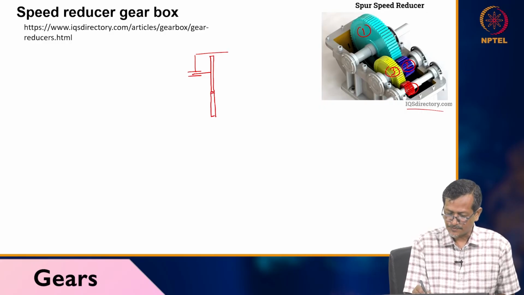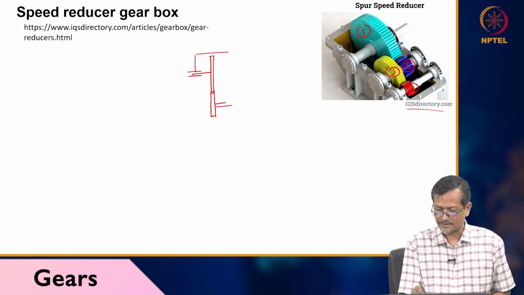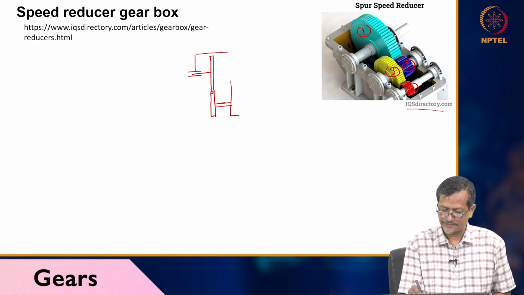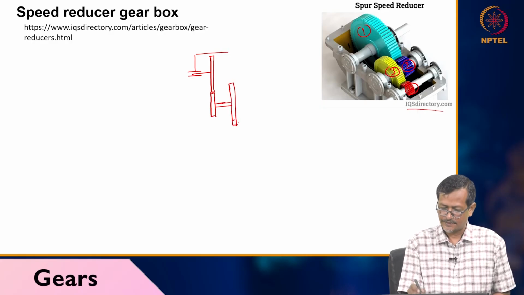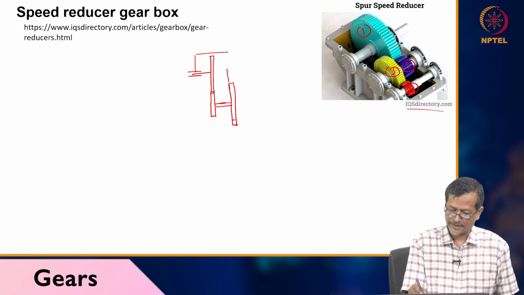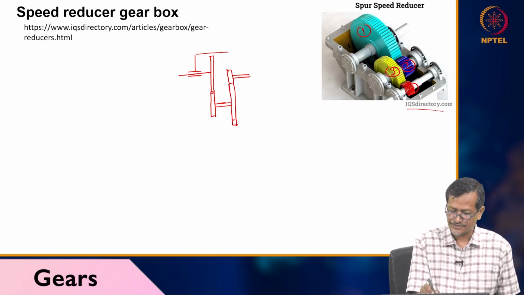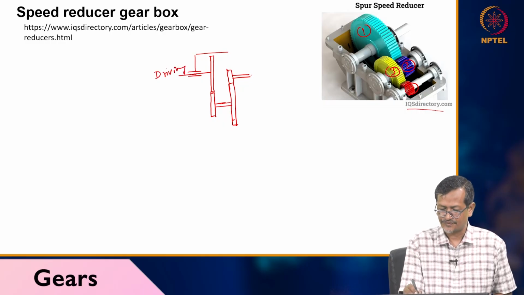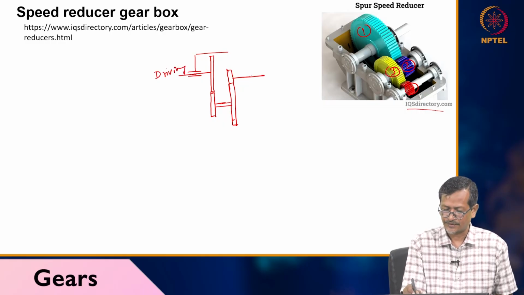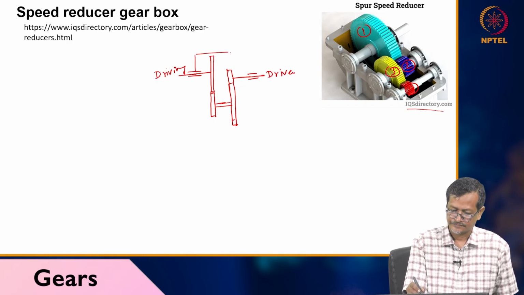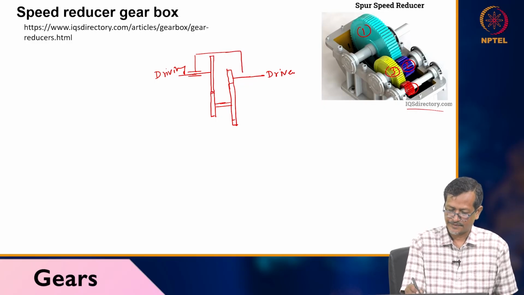Then the small gear is connected to the yellow one, a little bit bigger. Then the yellow one is connected to another small one, then the shaft is going. So this is the incoming driving shaft, and this is driven.